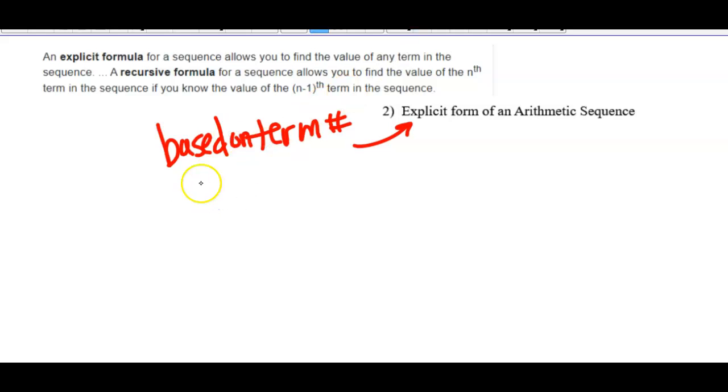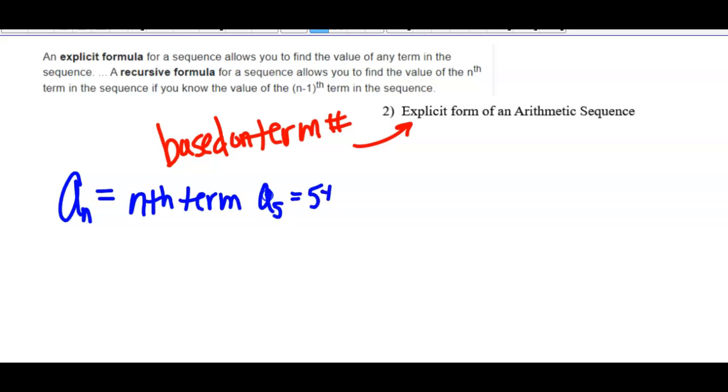So when you have, let's talk about some vocab here. A sub n equals the nth term of a sequence. So a sub 5 equals the 5th term. A sub 1 equals the 1st term.